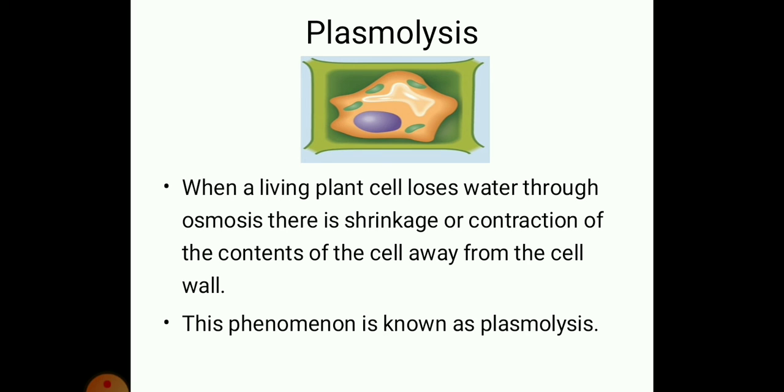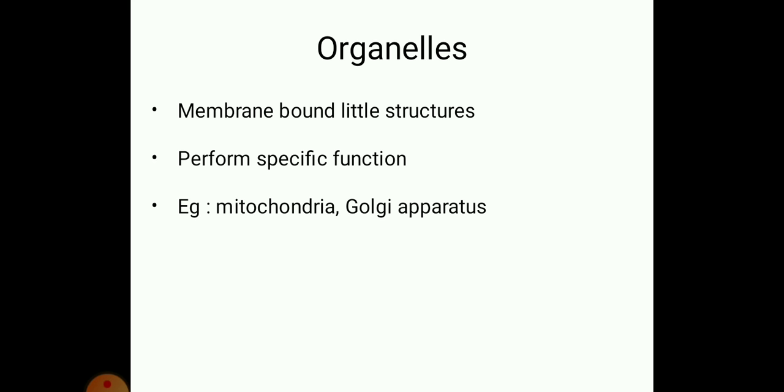But when excess water is lost, the plasma membrane retracts much and sometimes it breaks down. As a result, the cell is broken down, and this process is termed plasmolysis or rupturing of plasma membrane.